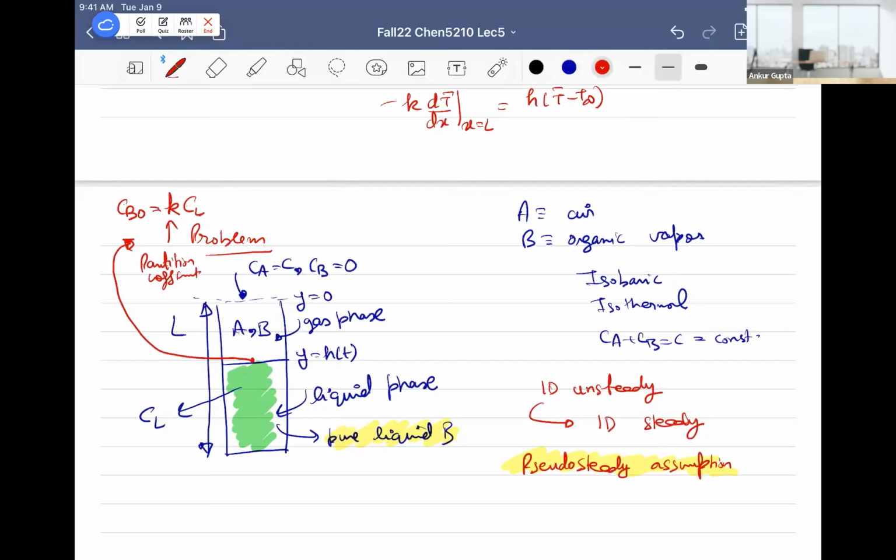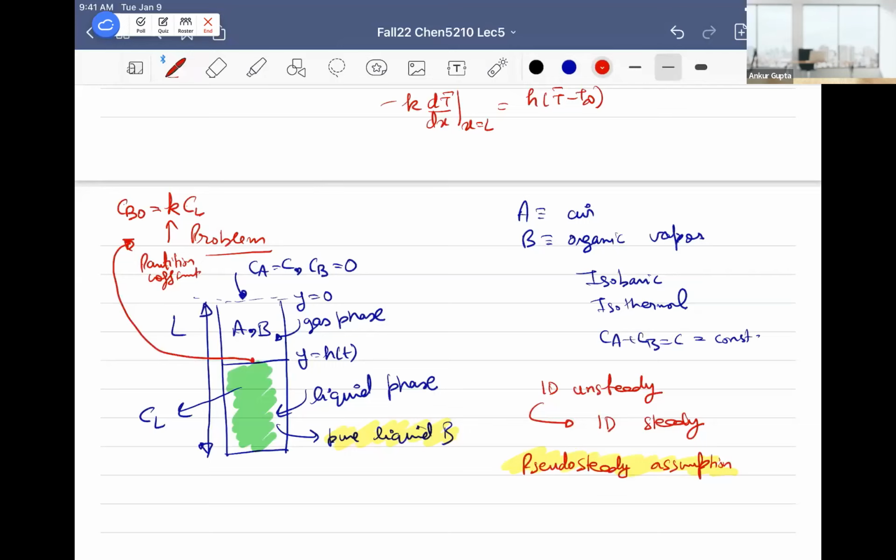It would take another 15 minutes of class, but the pseudo steady assumption says that as my liquid is evaporating, at each instant, my diffusion problem is fixed. Think of it like this: think this is a 15 centimeter cord of acetone. When it goes to 14 centimeter, I will have a new diffusion profile because my H has changed.